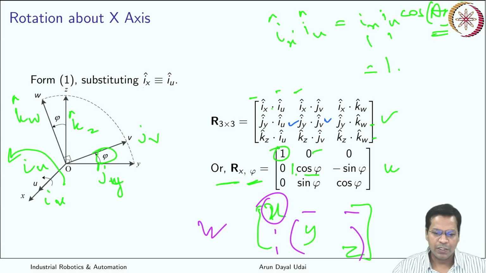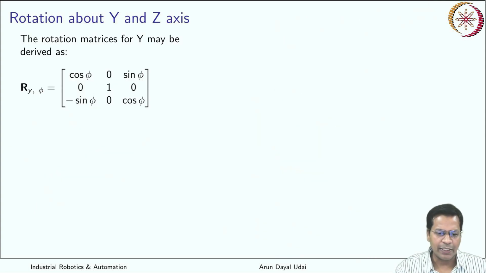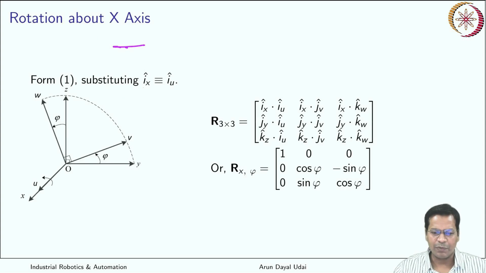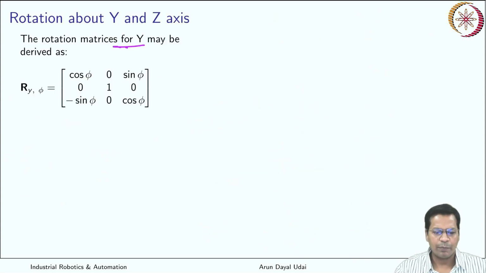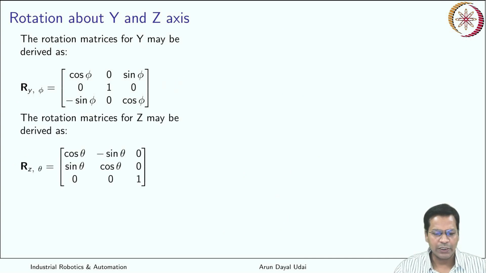Similarly, the rotation matrix for the rotation about y-axis by an angle phi can be derived using the same starting point, that is this one. If you start with it, you will obtain this, and rotation about z-axis may be derived as this. So this is rotation about z-axis.